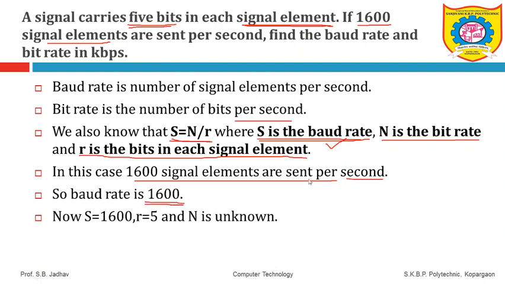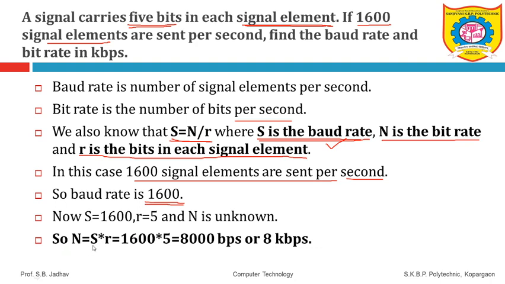Now in order to calculate the bit rate, we know that S is 1600, R is 5, and N is unknown. From the relation, N is equal to S into R. So 1600 multiplied by 5 becomes 8000 bits per second.